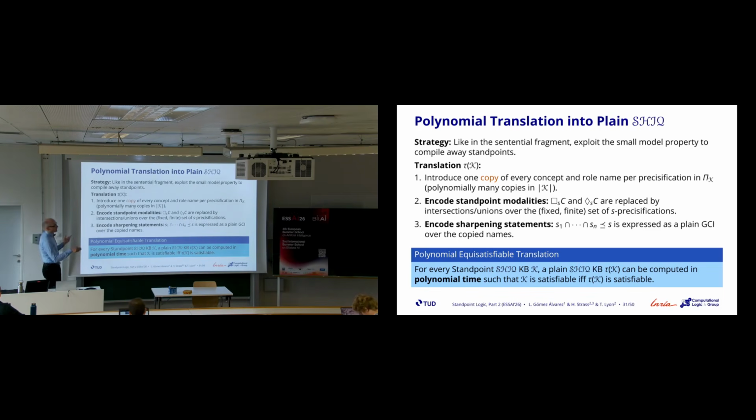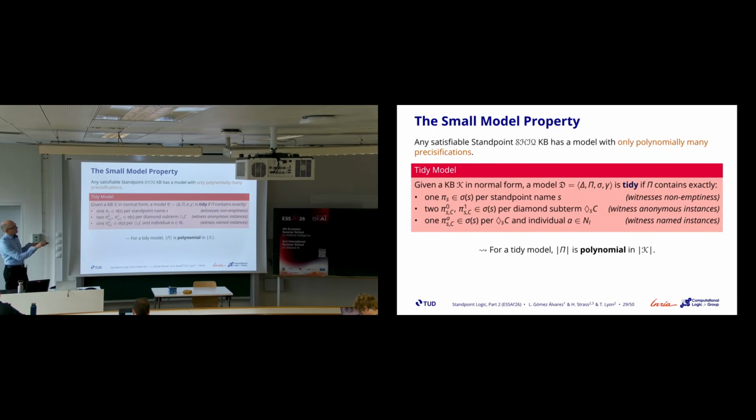And the idea for this is to essentially compile away the standpoint modalities into the description logic vocabulary by creating copies, right? So the idea is you look at the knowledge base and you know basically, if this knowledge base is satisfiable, then it will have a tidy model.